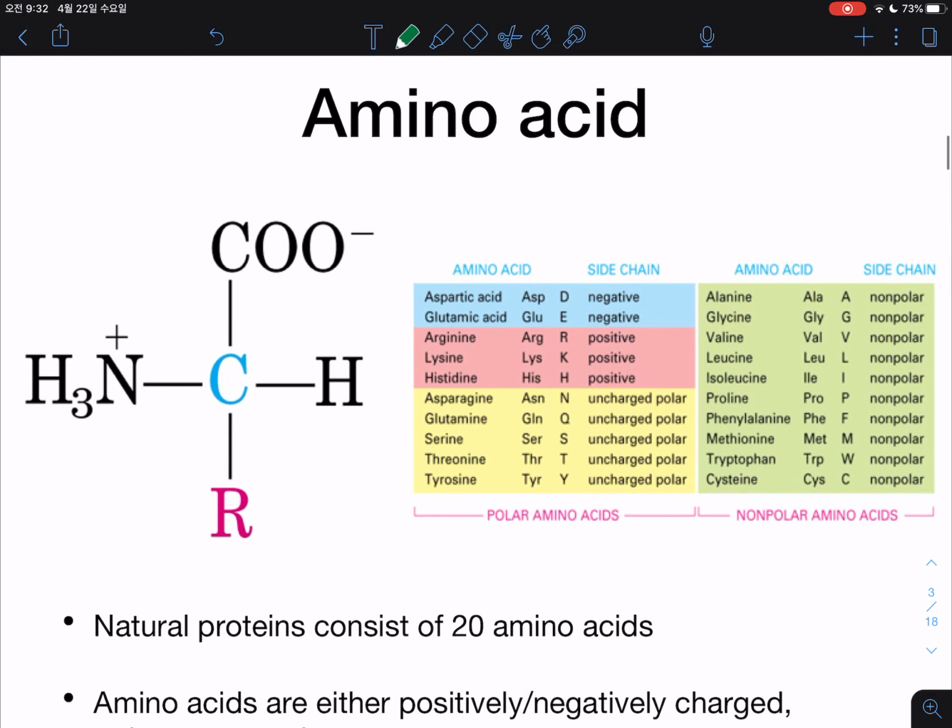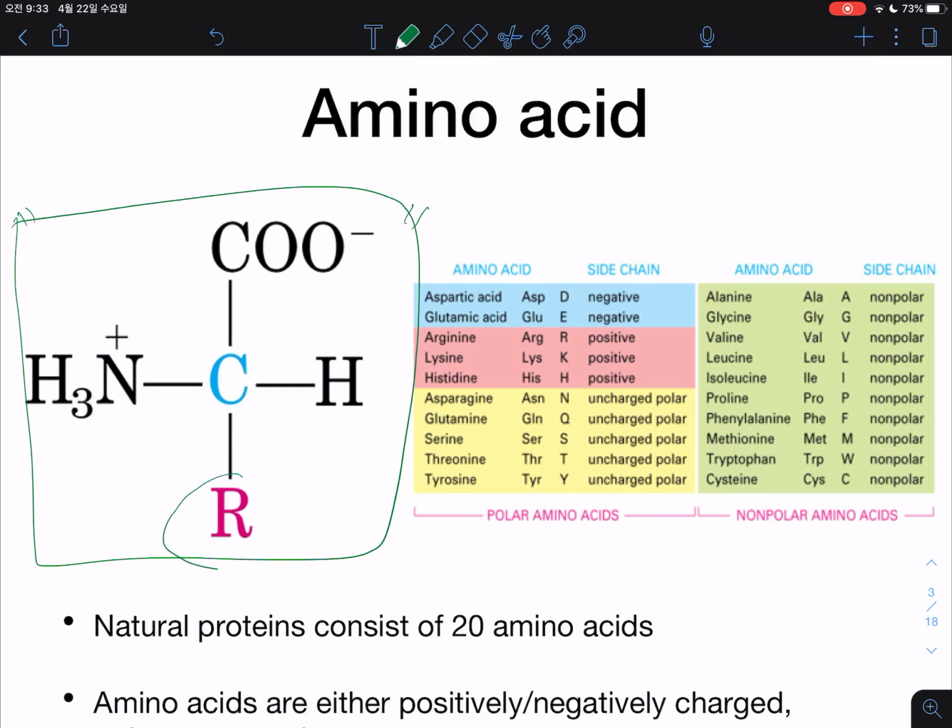As we have talked before, amino acids are the basic building blocks of protein structure. The basic structure of an amino acid is shown on the left side.